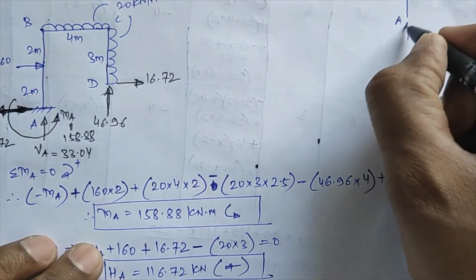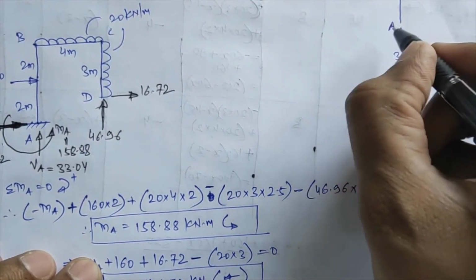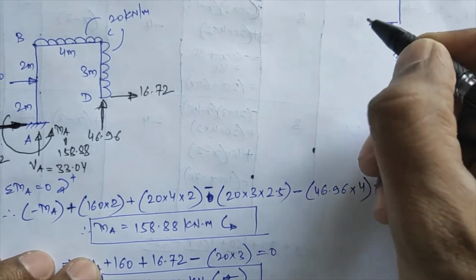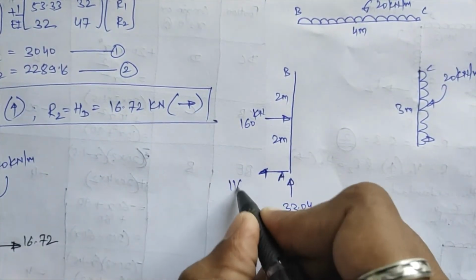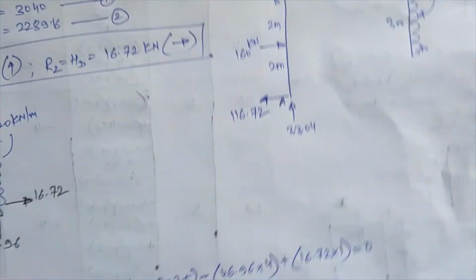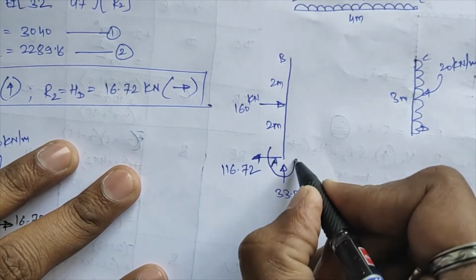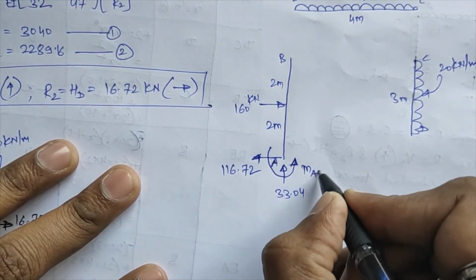So here I am getting VA as 33.04. Next, HA I have got as 116.72. Next, MA, here I am getting anticlockwise in nature, so I'll show that MA is nothing but your value of MAB.